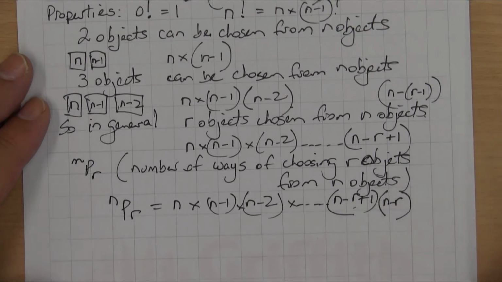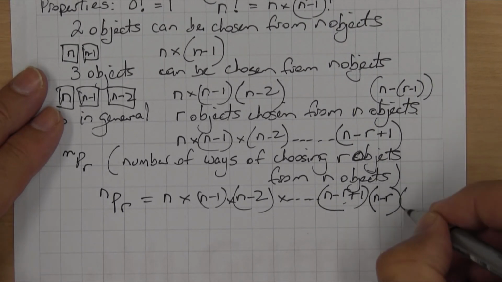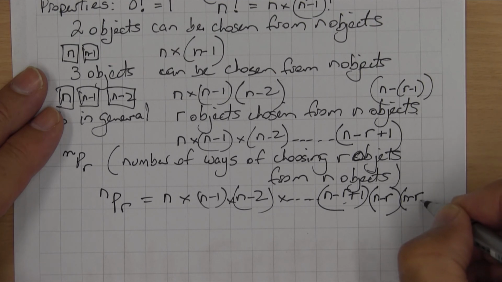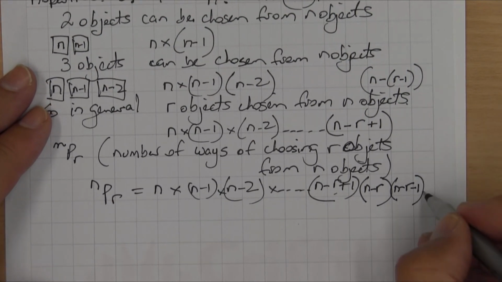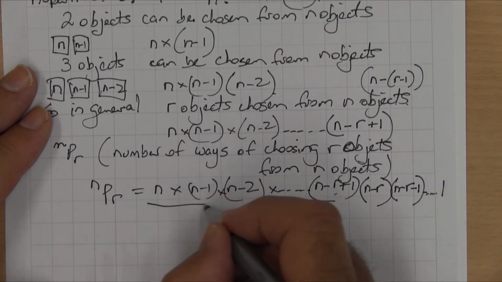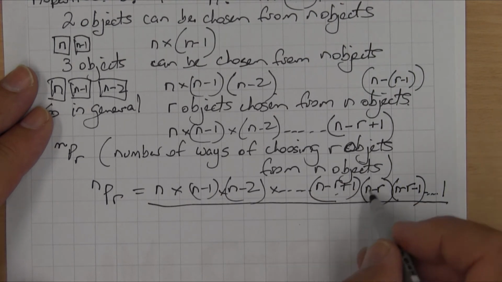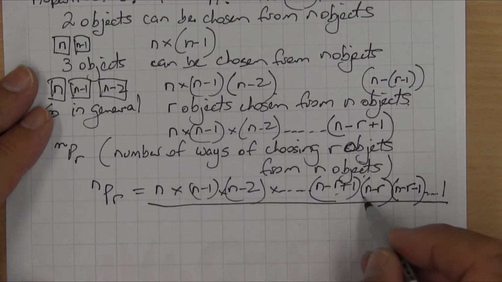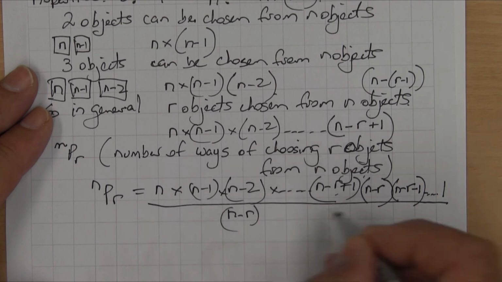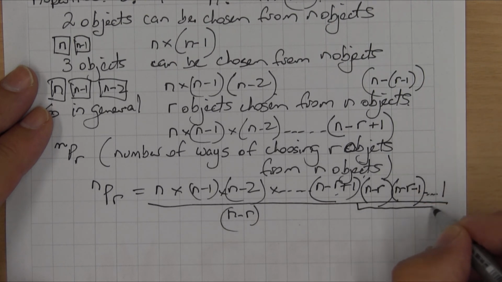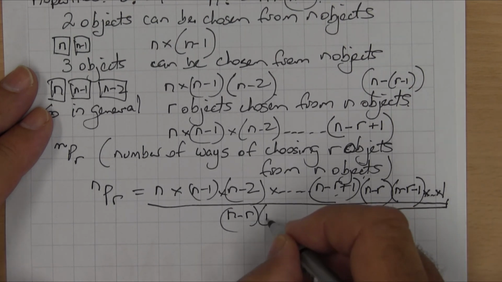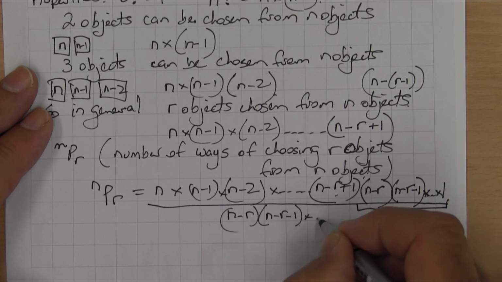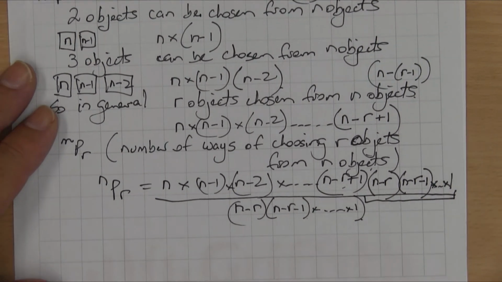The term after that would be n minus r, and then the term after that would be n minus r minus 1, all the way down to 1. Bearing in mind that nPr is up to there, we could multiply by n minus r times n minus r minus 1 all the way down to 1.